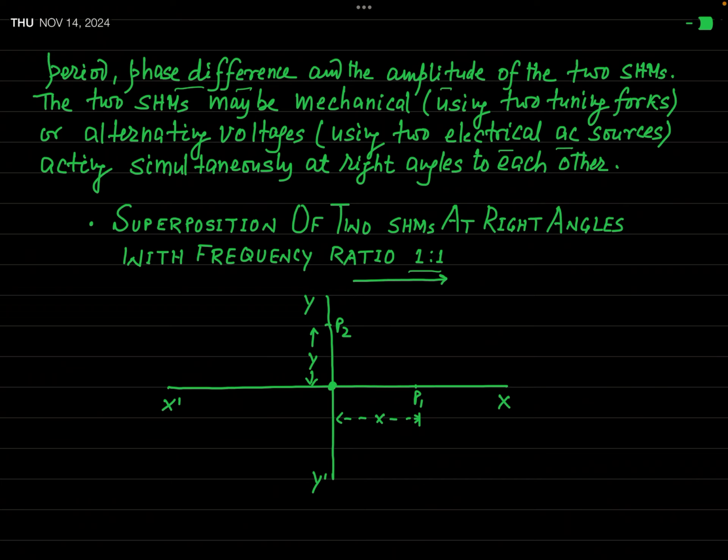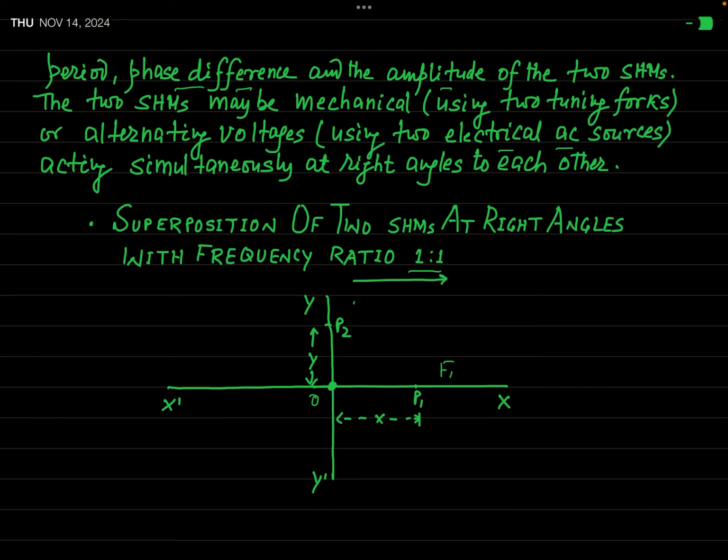For this, let us consider a particle at point O, acted upon by two restoring forces. Let us say F1 is the restoring force which, when acting alone on this particle, provides SHM along the x-axis.